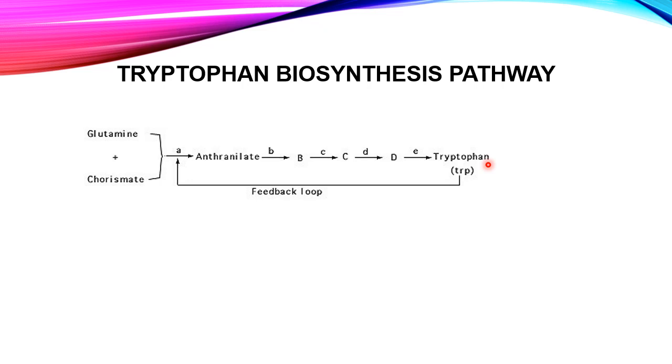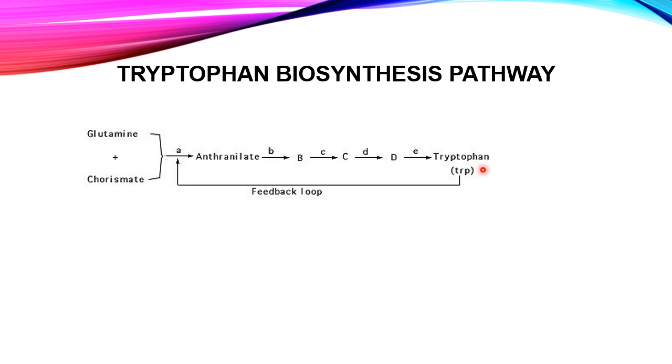Now, when a cycle is continuously progressing and making huge quantities of tryptophan, there lies a need to control this mechanism. So what happens when the concentration of tryptophan is very high?